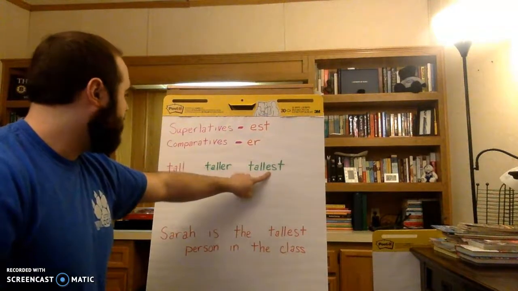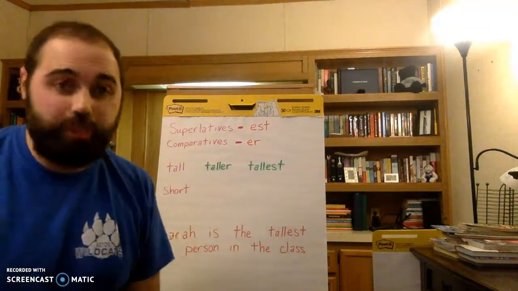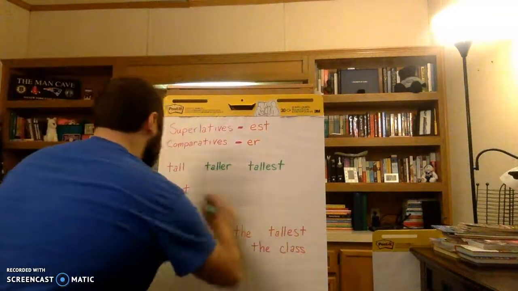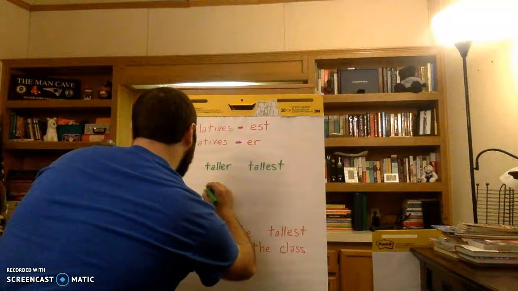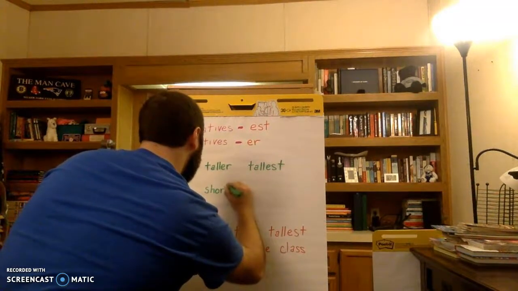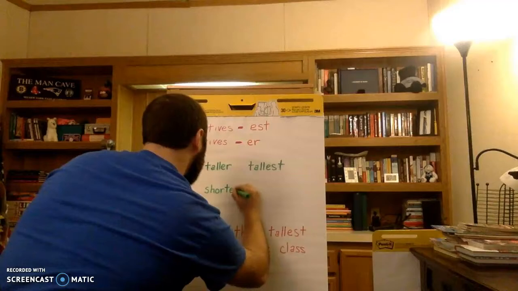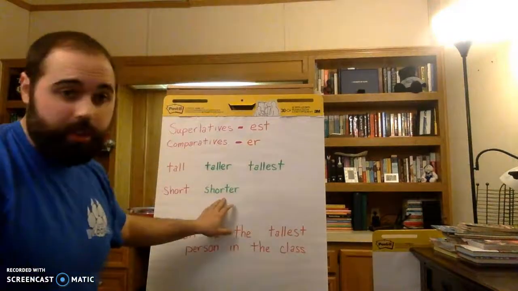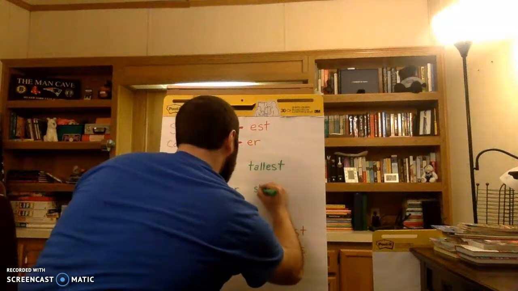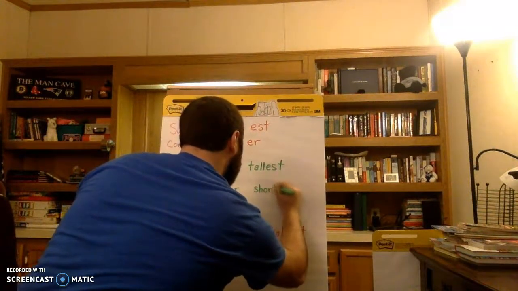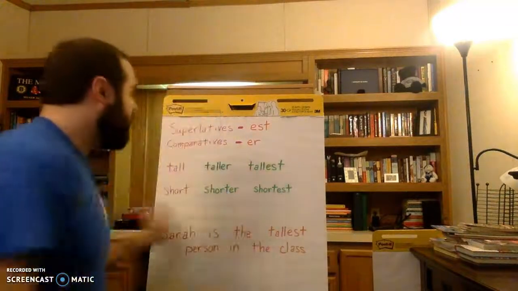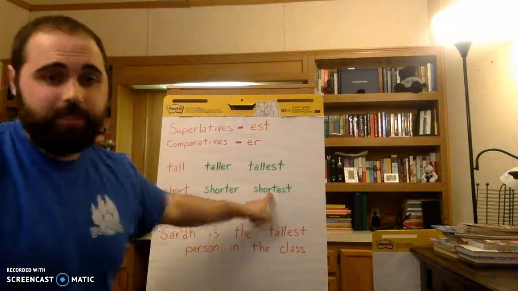So you're adding the EST to it, and that creates a nice juicy adjective, which is really cool. Same thing for short. Sammy is shorter than Billy. Or Samantha is the shortest in the entire class.